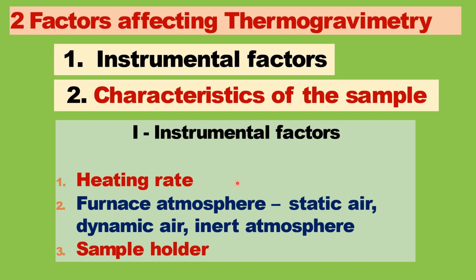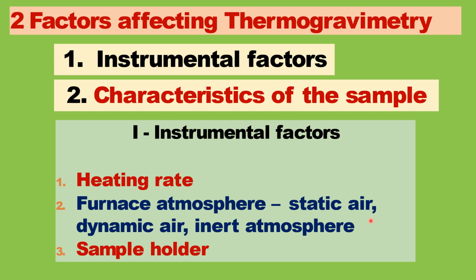Furnace atmosphere. What is called furnace atmosphere? We use either static air, or continuously passing dynamic air through the furnace, or the furnace atmosphere may be an inert atmosphere, an inert gas like argon.